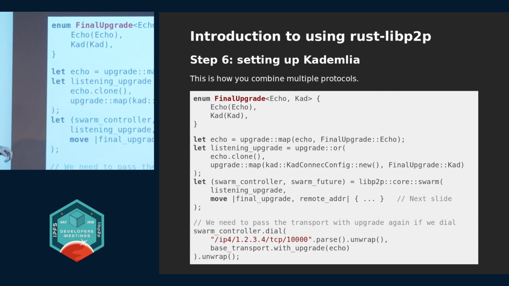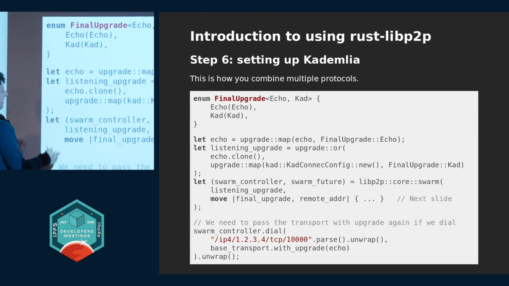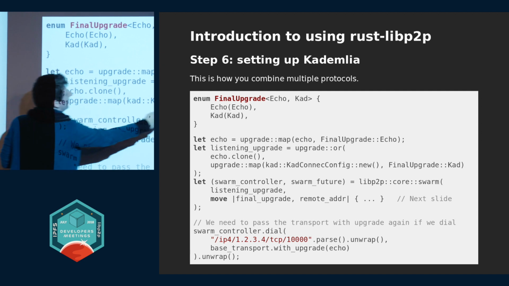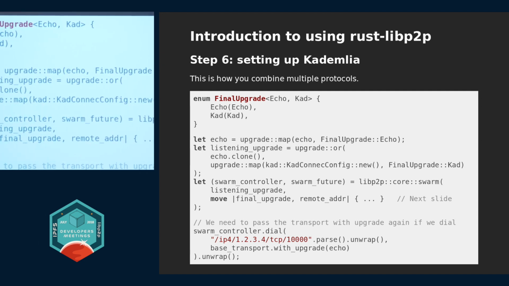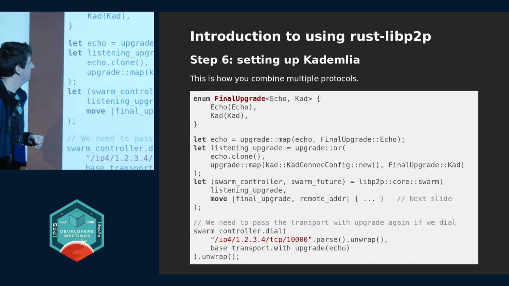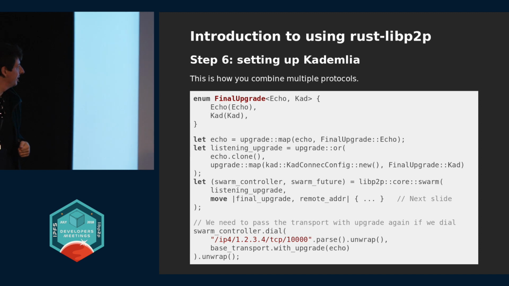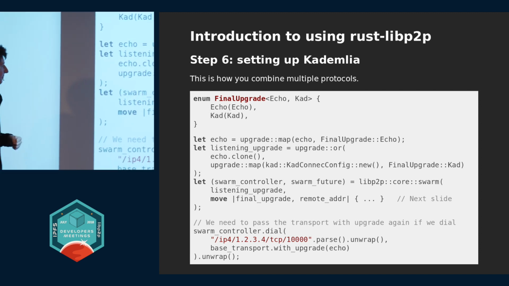We build a single implementation of connection upgrade that merges both echo and Kademlia. The upgrade.map is administrative so that it creates the correct type, otherwise you get compilation errors. So we merge both into a listening connection upgrade.